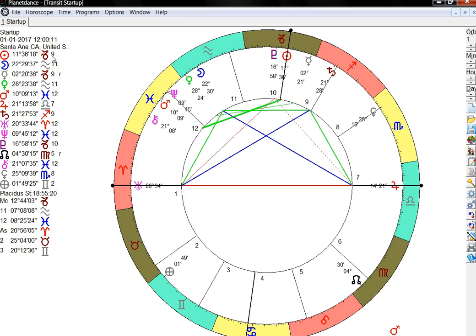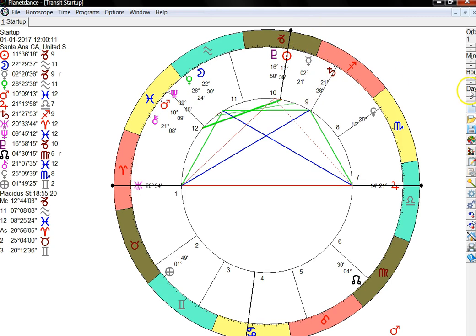In the winter months in the United States, we do not use daylight saving time. So if this were 12 noon, and I look at January 1st, and I see that the Sun is at the MC, I know that this is correct. If it's anywhere else, 10 degrees back or forward, then the calculation is wrong.